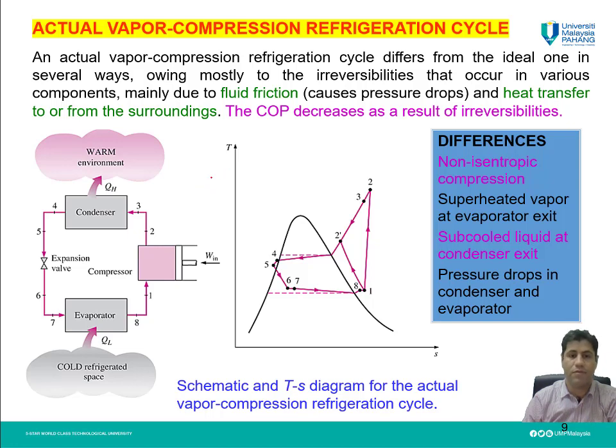So the actual vapor compression refrigeration cycle, which I'm going to introduce now, is different from the ideal cycle due to some reasons, mainly related to the irreversibilities which occur in various components.